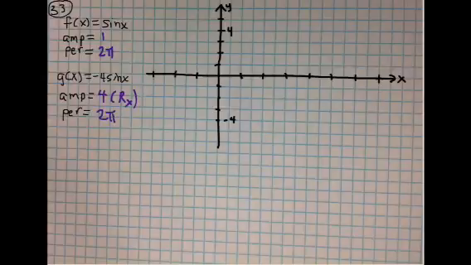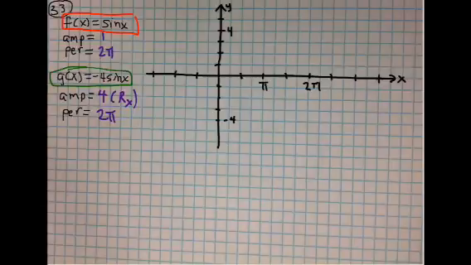I'm going to use this orangey color for f of x and a green color for g of x. I did not label the x-axis yet. The period is 2 pi, so I'm going to count 4 tick marks, 1, 2, 3, 4, and that's going to be my 2 pi. So then that's pi and pi over 2. That makes this one 3 pi over 2.